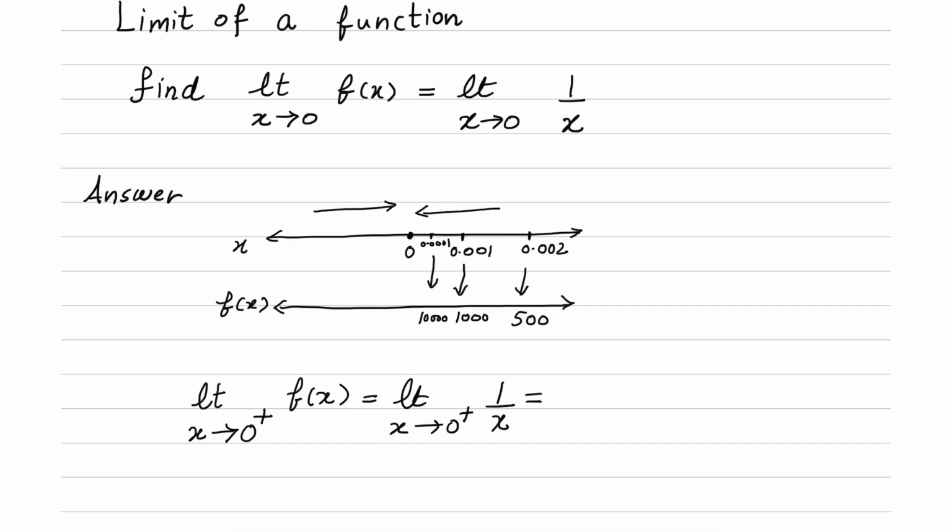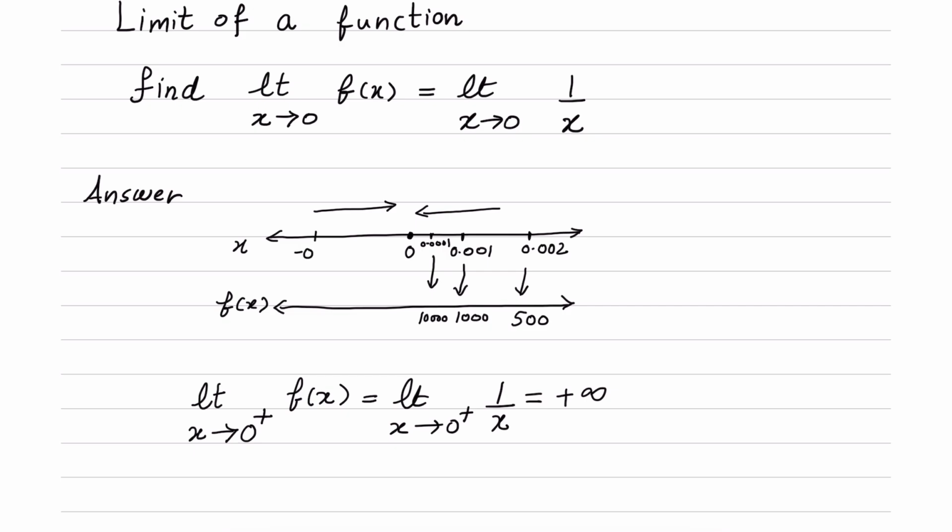So we can say that when x is approaching 0 on the right of 0, the function 1 over x seems to be approaching a very big positive value, and let's say that very big positive value is plus infinity.